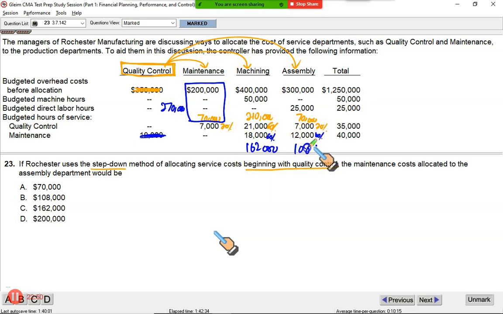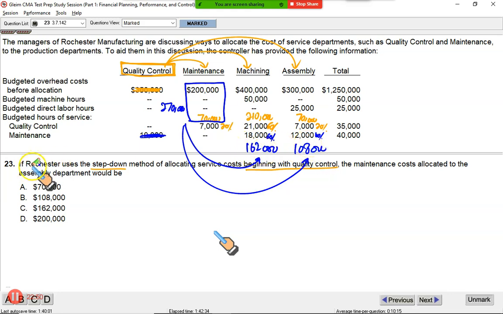Khalas. We have now transferred this 270 into 162 and 108 under the step down method. Right? So this 350 has been shifted into 70, 210 and 70, and then this 270 has been divided into 162 and 108.